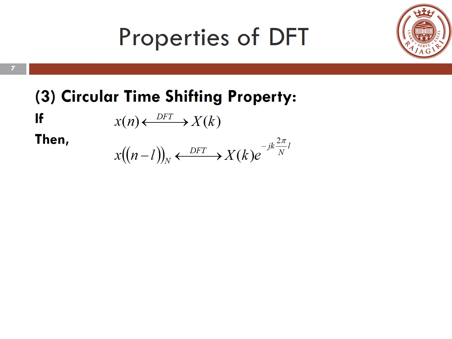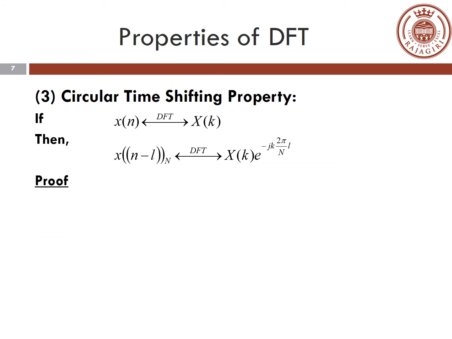Okay, and capital N is the N-point DFT, and then your x of k will be multiplied by an exponential term. Okay, so this is something that we have seen in the earlier concepts of signals and systems. You time shift a sequence and in the frequency domain it gets multiplied by an e raised to minus factor.